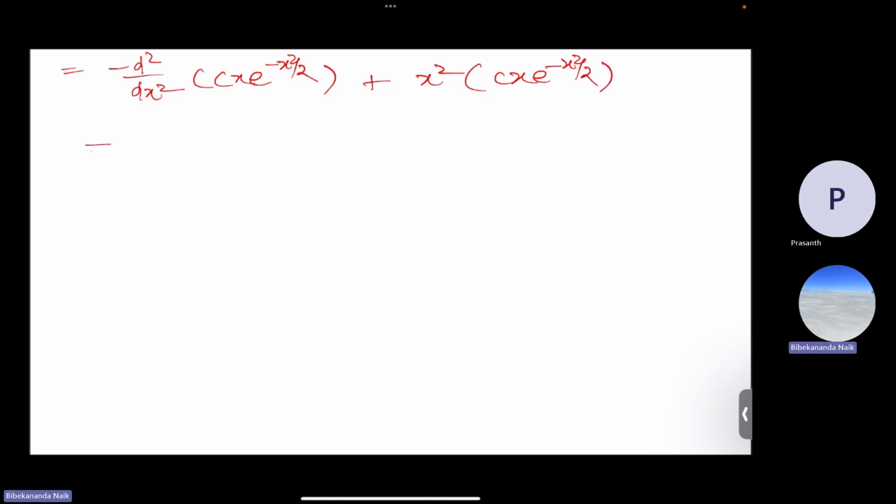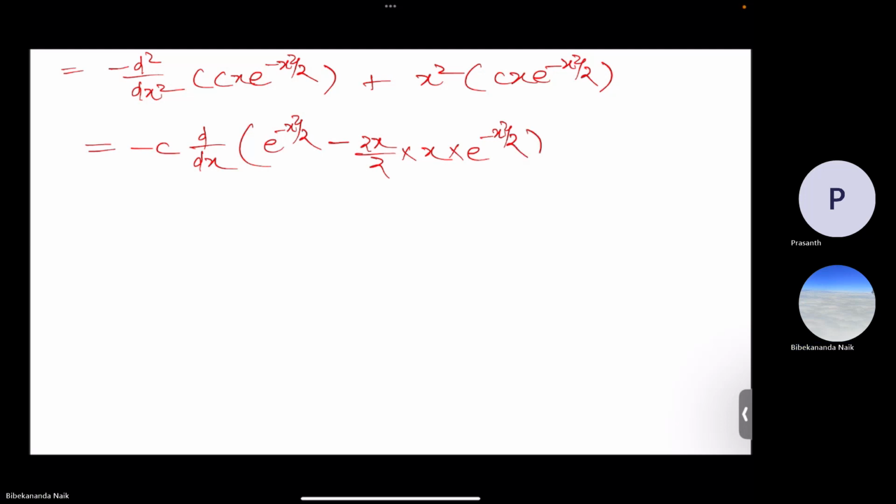Then taking the derivative twice, first C will come out because it is a constant. Then taking the first derivative, you will get e to the power minus x square by 2, minus 2x by 2 into x into e to the power minus x square by 2, plus C x cube e to the power minus x square by 2.